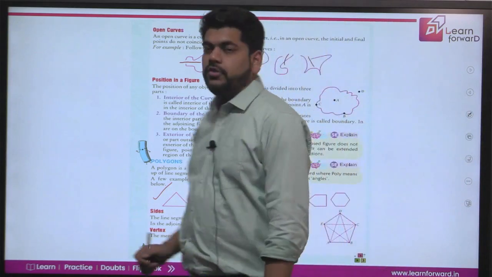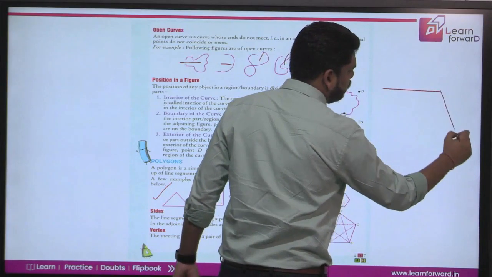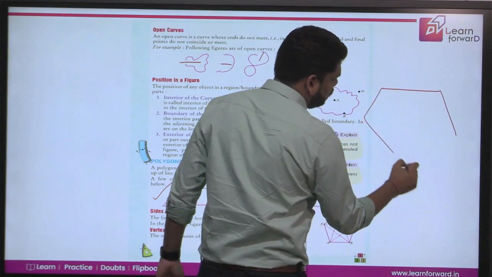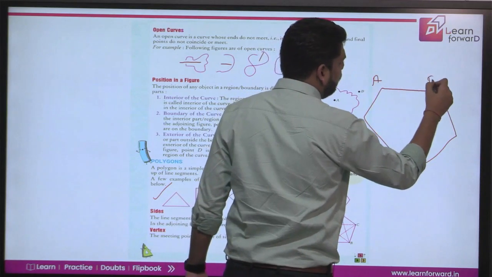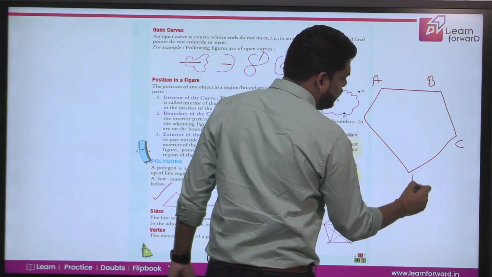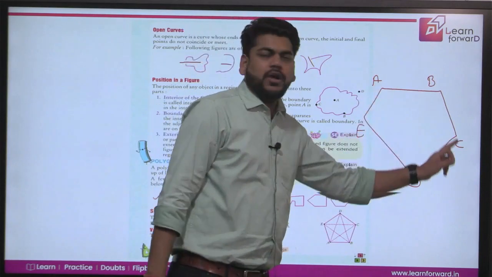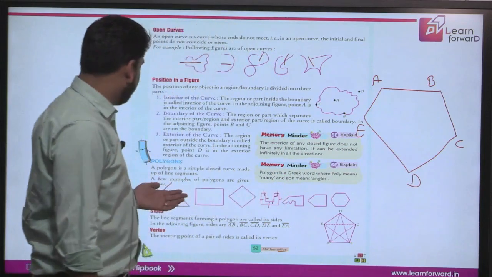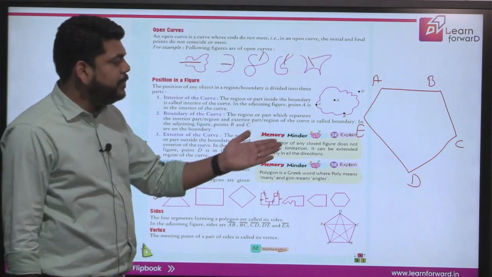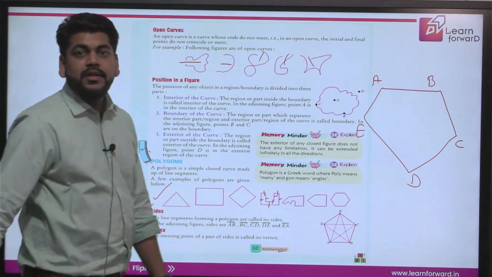Okay. So I am drawing a polygon over here, and I am naming it A, B, C, D, E. This is the closed polygon made up of straight lines. First concept is, what are sides? Side of a polygon.